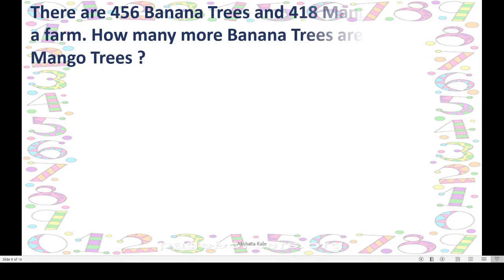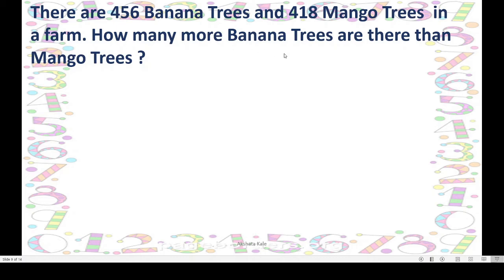Here is the next sum. There are 456 banana trees. Banana, kela, you know that one. 456 banana trees and 418 mango trees in a farm. One farm is there.